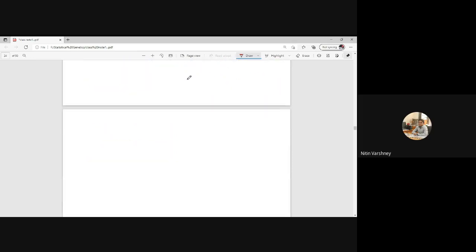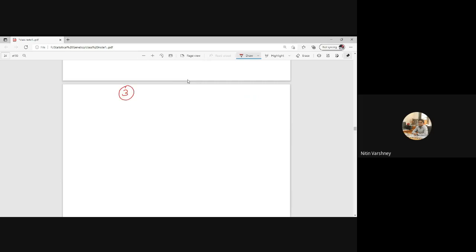Now the third genetic parameter is repeatability. That is also given by Lush.